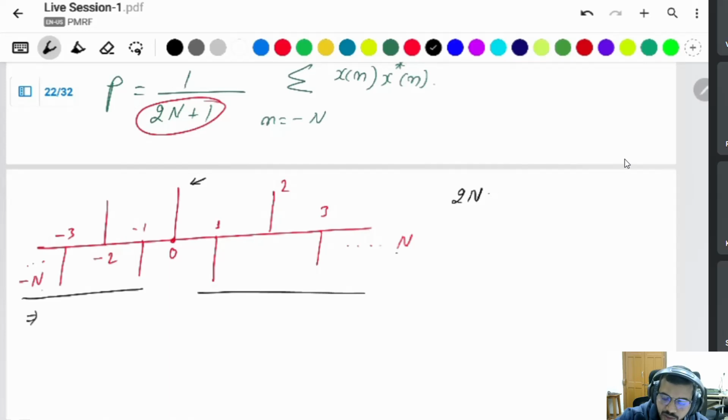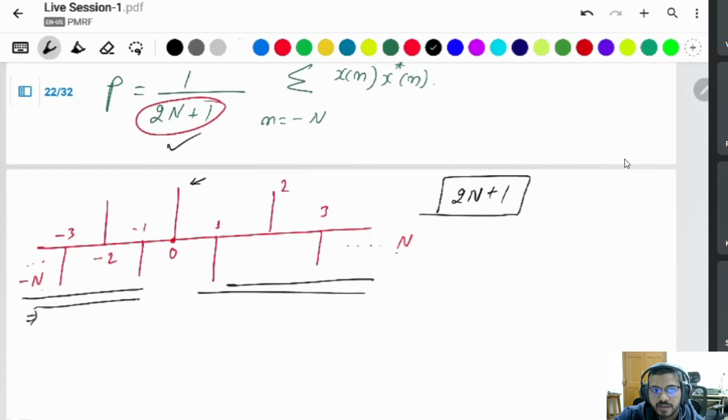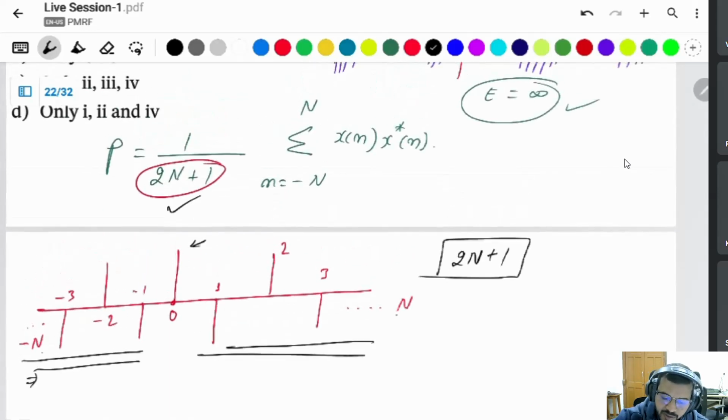That's why the total time period taken for the whole summation in discrete time is 2N plus 1. N is positive N times, second is negative N times, and 1 is at the origin. Further, this is 1 by 2N plus 1.